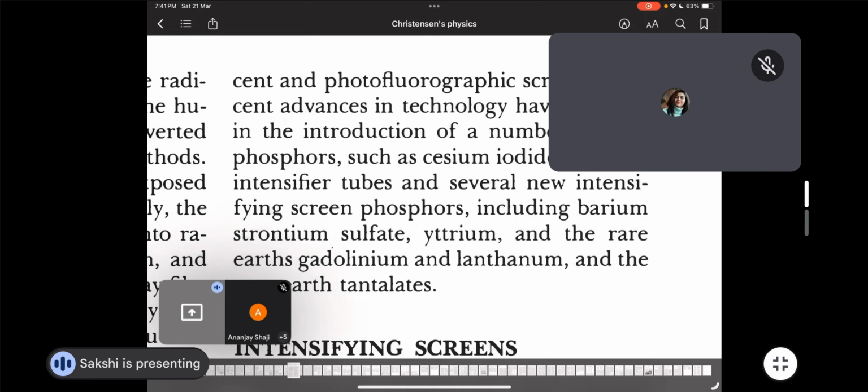Nobody knows what a photofluorographic screen is? A screen which shows fluorescence when exposed to light.